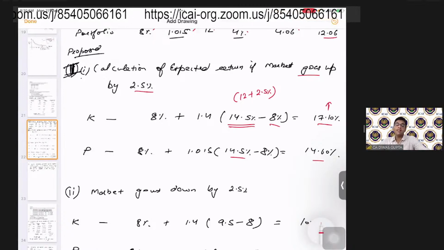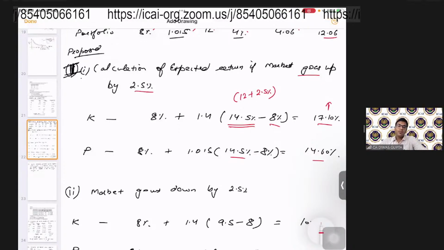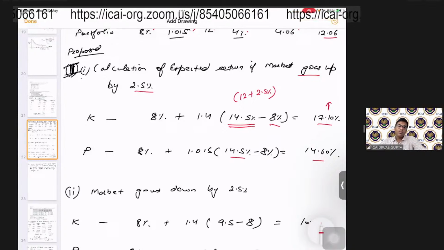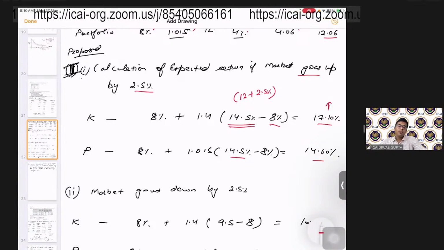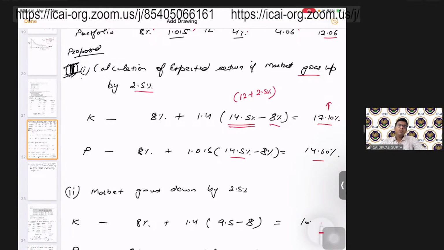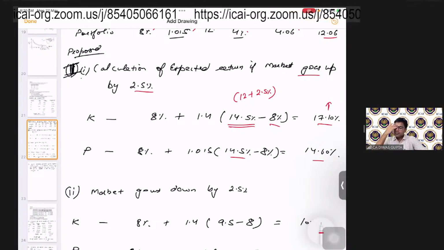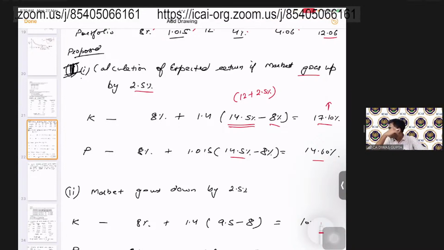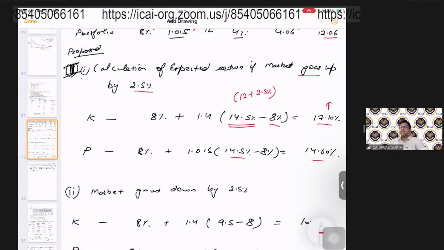What is the reason, students? Come on, tell me. Can you say why the return of Kanakya Limited is higher compared to the portfolio return for the same increase in the market return? Can anyone tell me what would be the reason, students? Come on, just think and then tell.